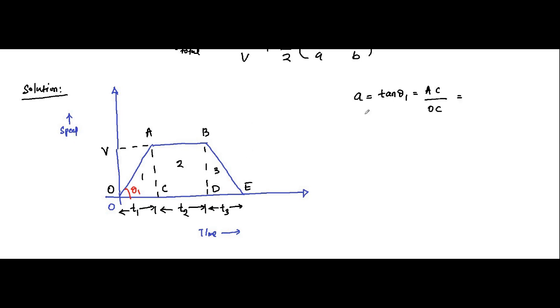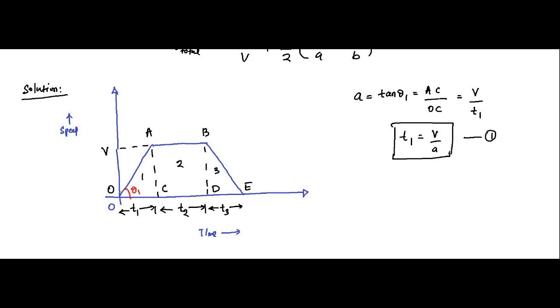Okay, AC is nothing but the speed attained by the train, the maximum velocity v, and OC is nothing but t1. Okay, this is clear. So we can write t1 is equal to v by a. This is one equation.